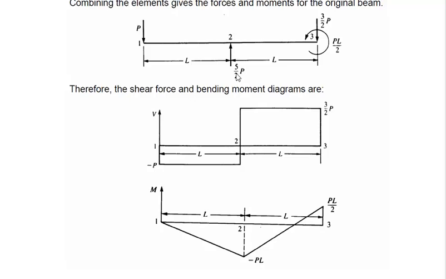And this 5 by 2P acting in the upward direction. So from minus P, we go to the positive 3 by 2P, and then it remains linear again. And here we have this reaction acting in the downward direction, 3 by 2P. So we come back in the downward direction. That closes the shear force diagram.